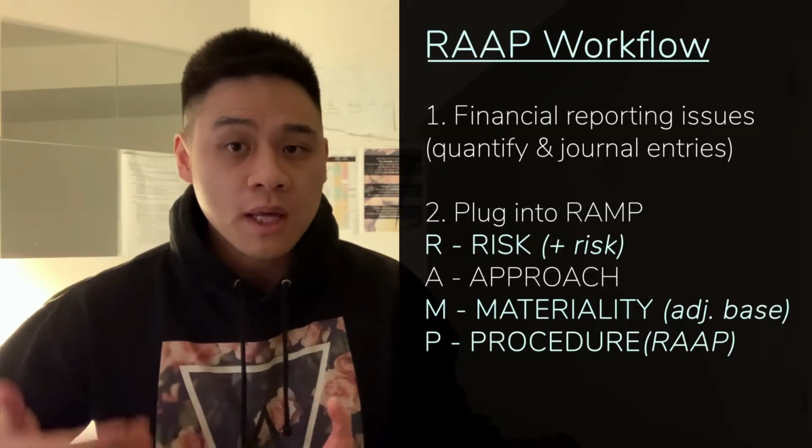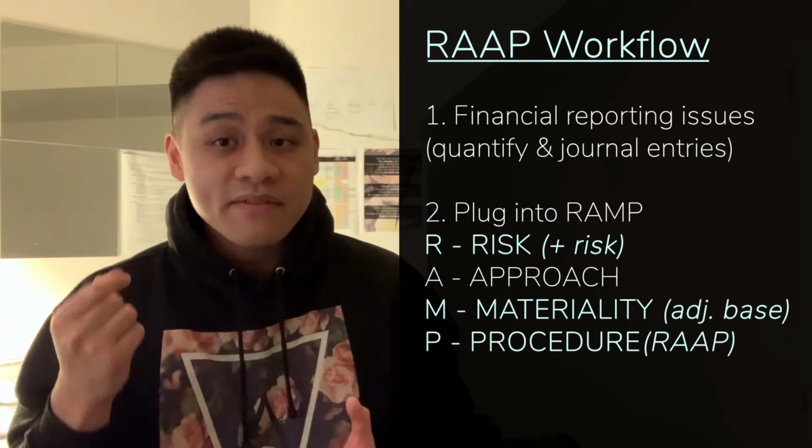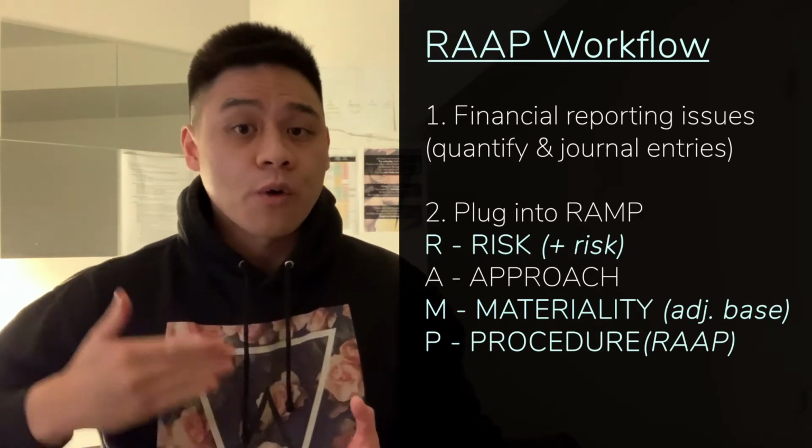So starting with 1, direct testing and RAAP. If you encounter a case where it asks you to prepare some form of audit planning memo, the sequence you always want to do is financial reporting issues first, because these affect the audit planning memo that you're going to write.